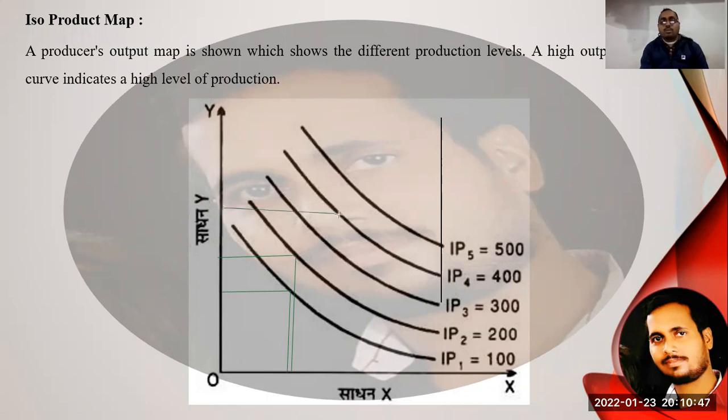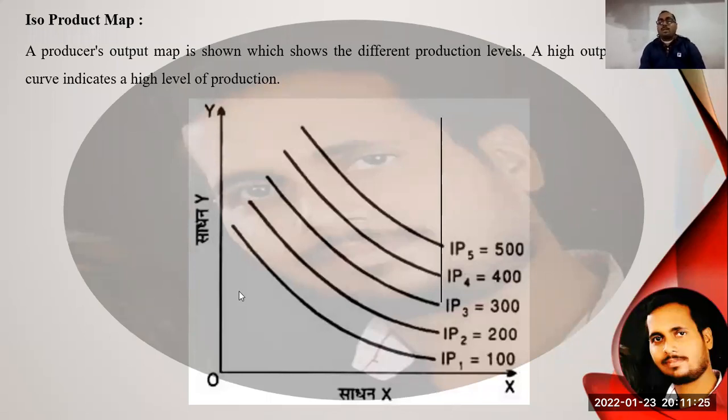Now see the 4th IP, the 3rd IP, the 5th IP, wherever we go, students, our output is increasing because our resources are increased. So this is the iso-product map. It means that while increasing both factors, if there is no substitution, our output will be in increasing order. It is expressed by the iso-product map, students.